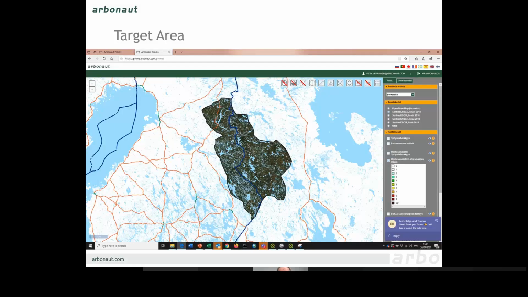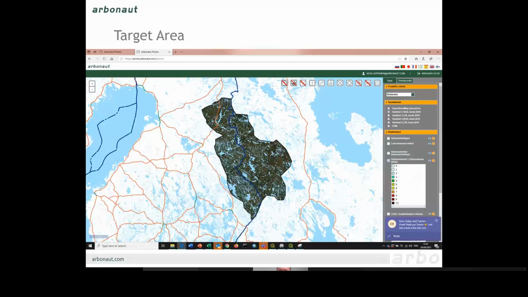So here is the target area of the project, and we are looking at this now in the prompts environment, and you can see that we have a Sentinel satellite image mosaic made to cover this area. In the analysis we used four different image sets. There's this Sentinel red, green, blue from spring, which is before the leaf on, so it's a snow off, leaf off image.